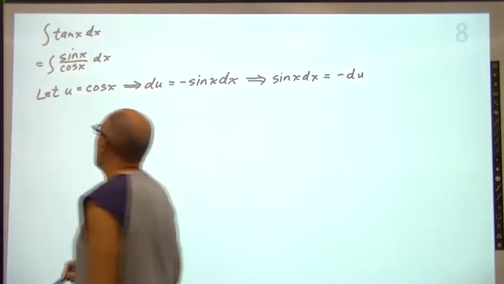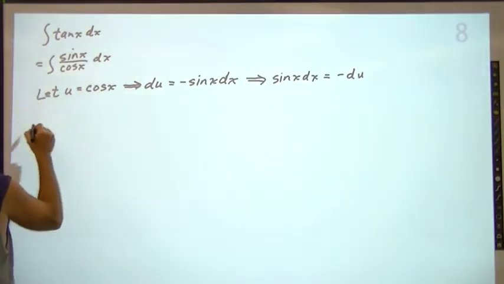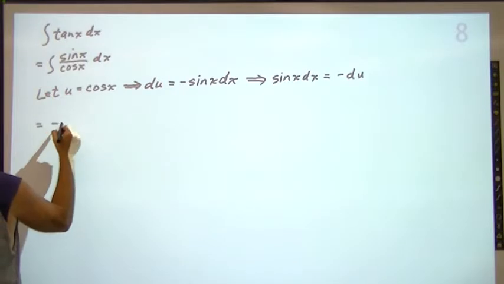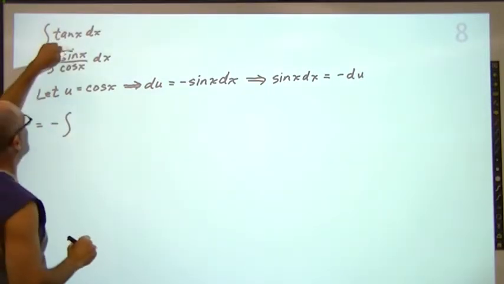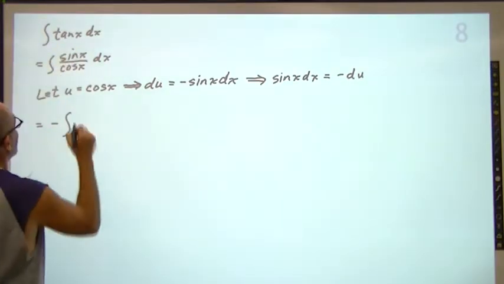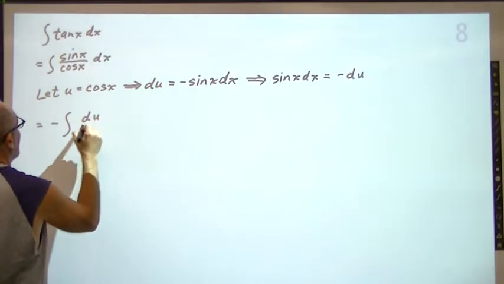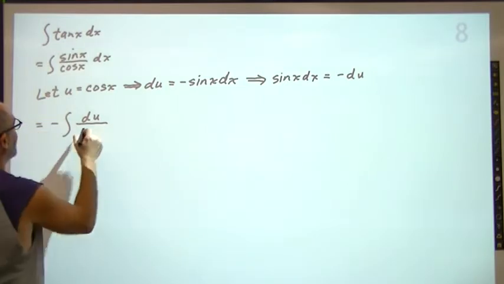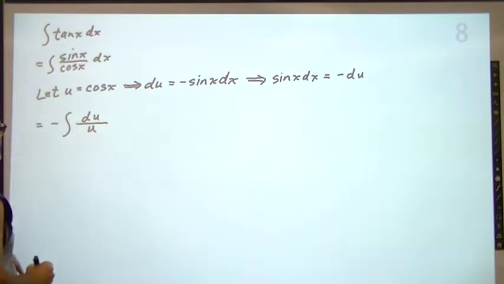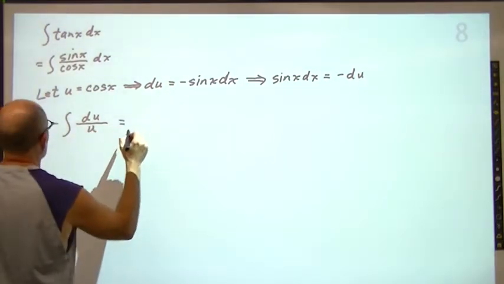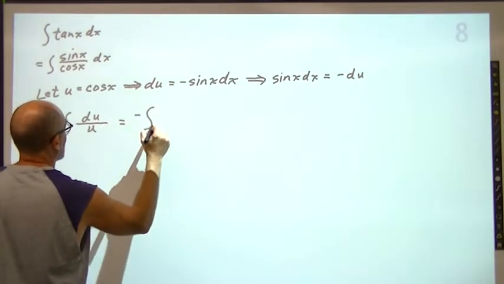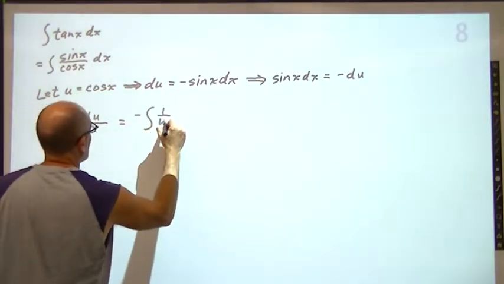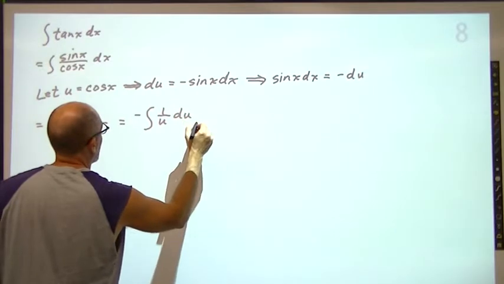All right, so that makes our integral then negative. Now notice the sine x dx is my du, and the cosine x is my u. So basically this equals negative integral of 1 over u du.